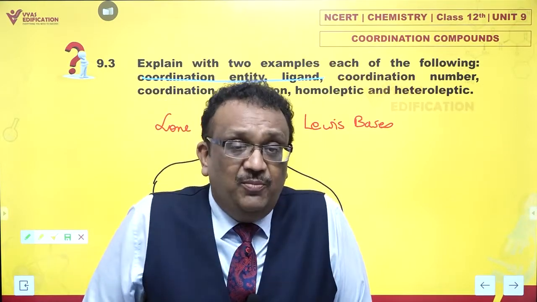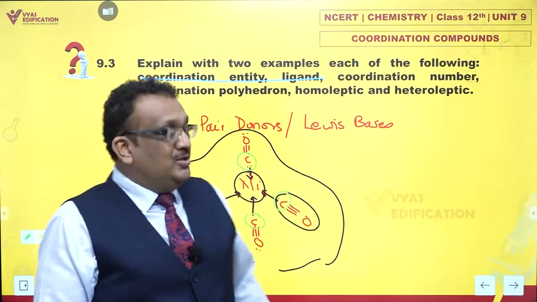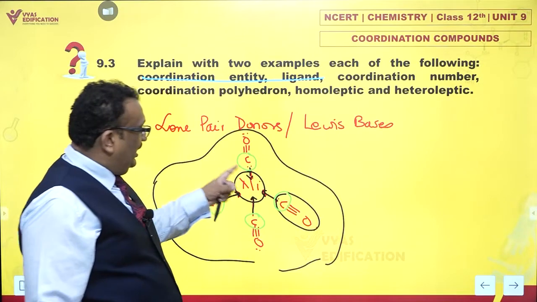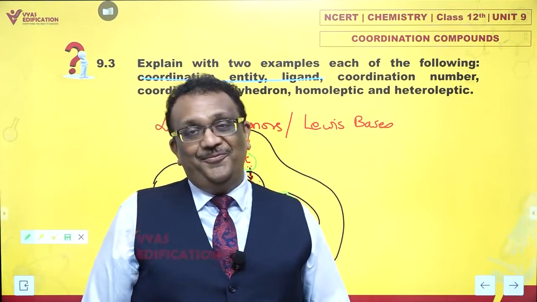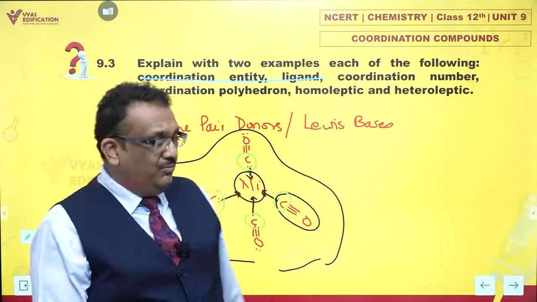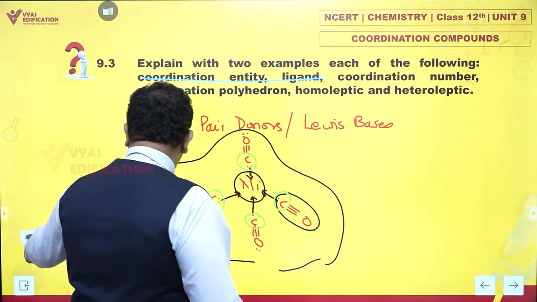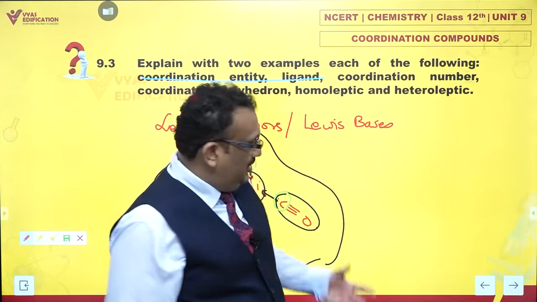Please note, coordination number is a number which is associated with a central metal atom. Depending upon the number of ligand atoms directly connected to the metal atom, you decide the coordination number. There are many approximate or wrong definitions of coordination number. A very stupid definition is that the number of ligands attached to the metal atom is the coordination number. Obviously not.